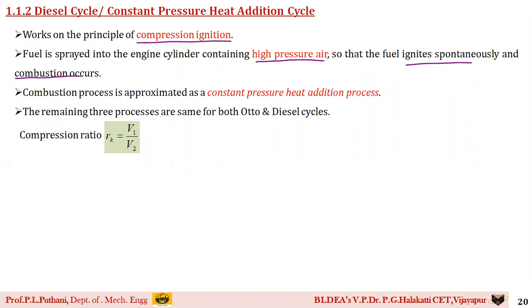As a result, for diesel engines, as the heat addition takes place at a constant pressure process, we even term it the diesel cycle or constant pressure heat addition process. Like the Otto cycle, students, here also the remaining three processes, that is isentropic compression, isentropic expansion, and constant volume heat rejection, remain the same even for the diesel cycle.